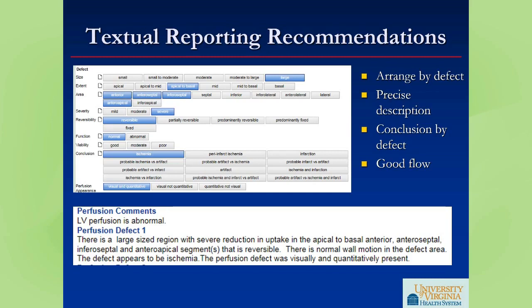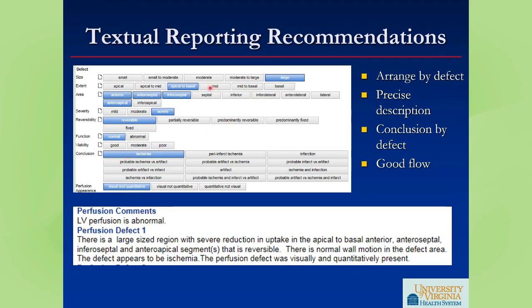We actually worked with Epic to develop a system at UVA, and so we have the size and the extent and the area that's affected, the severity, and importantly, for each defect, arranged by what vessels we think are affected, we also provide an individual conclusion for each perfusion defect.